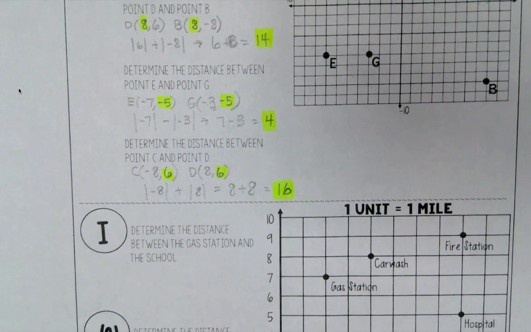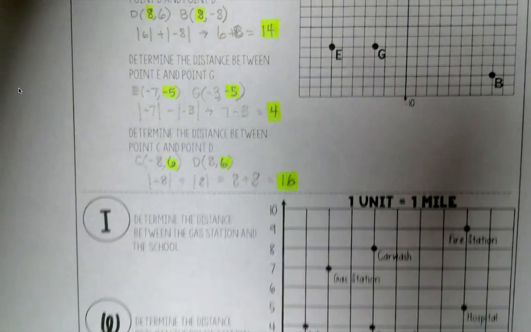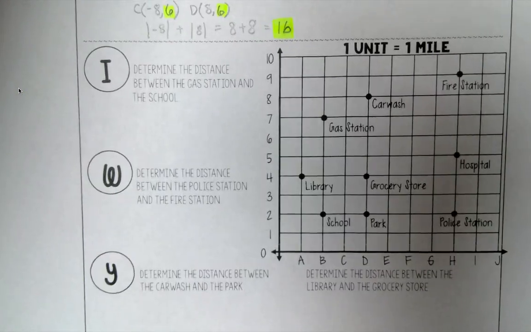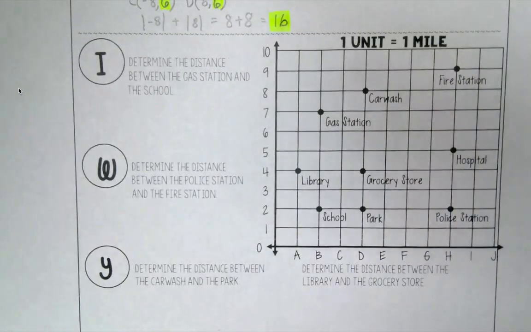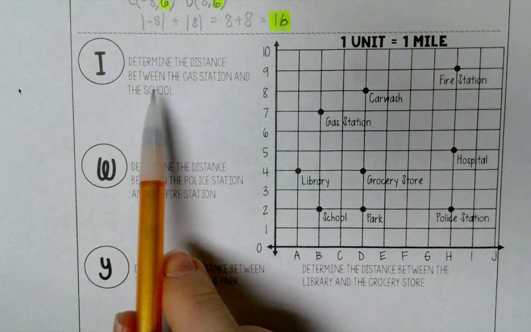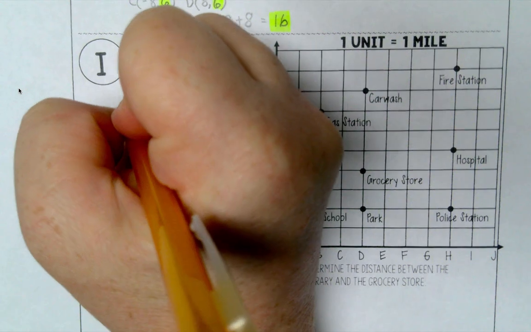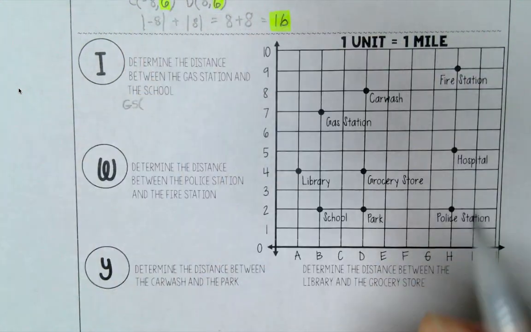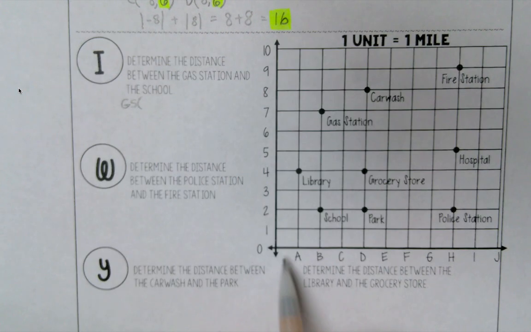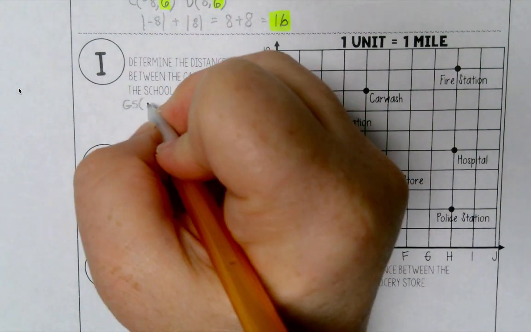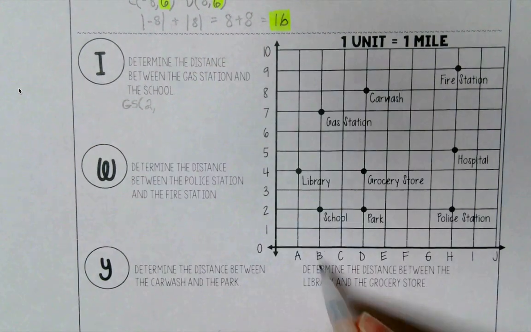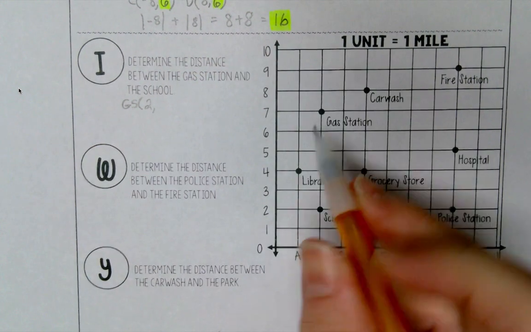So let's look at another picture, a real world example. Back in my day, when we used these little mappy maps, determine the distance between the gas station and the school. So I'm going to say GS for gas station. We're going to go over 1, 2. Okay, B is equivalent to 2. And we're going to go up to 7.